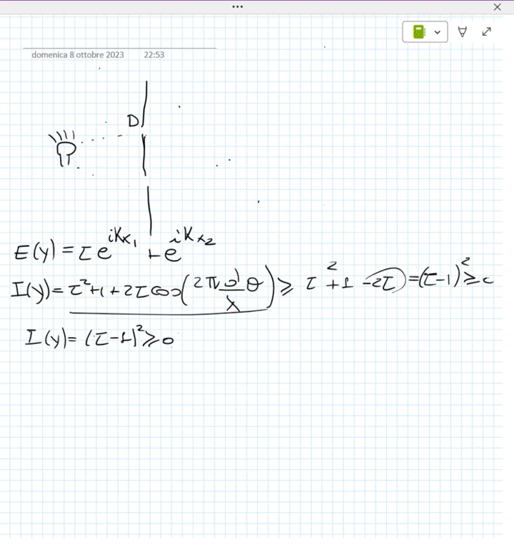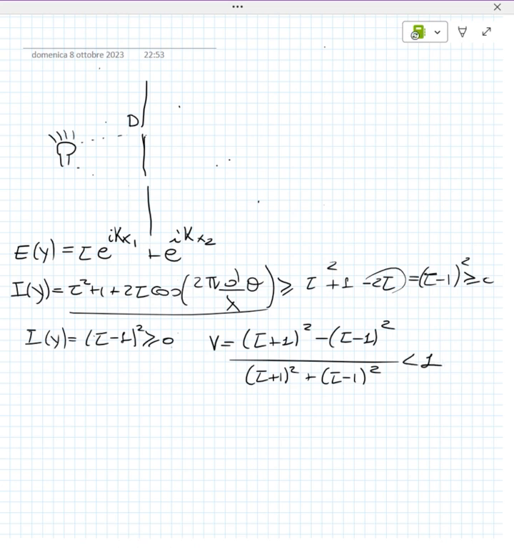But also, what we get is that the contrast, we denote this letter, the contrast is this one, and it is less than 1, so we have less contrast than in the previous case where there was not the damper.